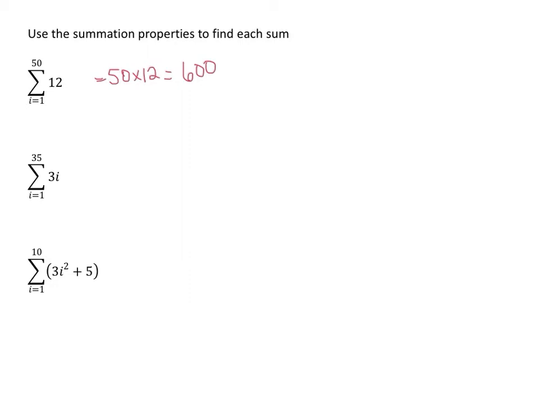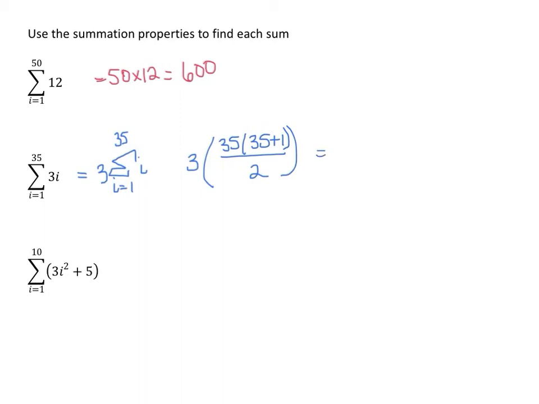The next one is a little bit more of a challenge. We've got 3i. So this is going to use two different rules. The first rule that we're going to do is we're going to take this constant and pull it out front. So now we've got this that we can use the formula from the last slide, meaning we're going to take 3 times n, which is 35, times 35 plus 1 over 2.